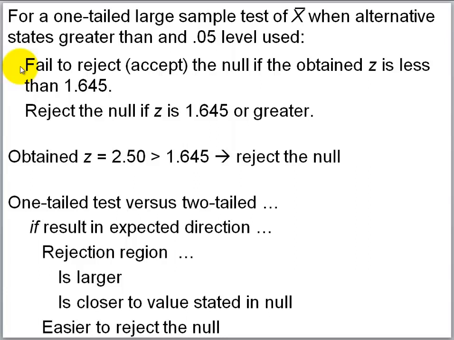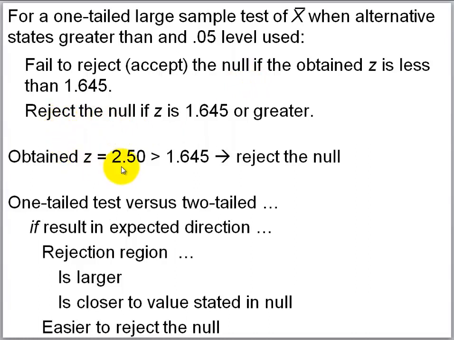Here is our decision rule for the 0.05 level when the alternative states greater than. Here's our decision rule: fail to reject the null if the obtained z is less than 1.645, and otherwise we're going to reject that null.